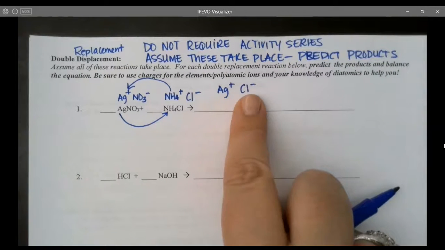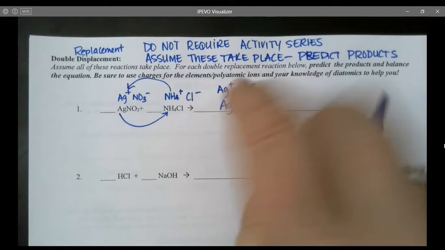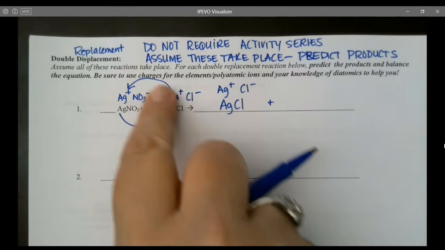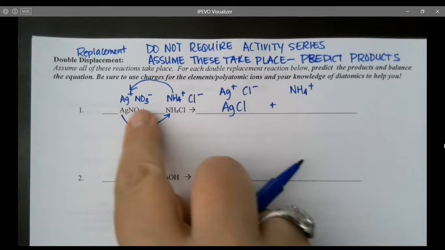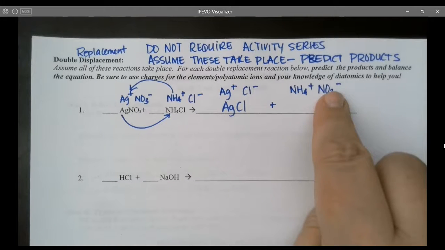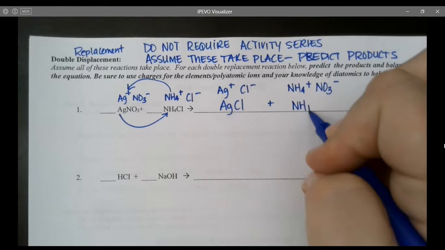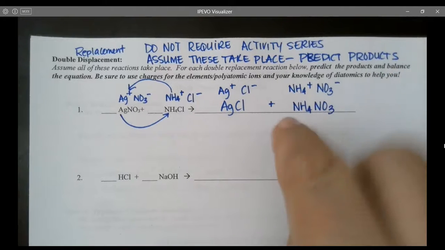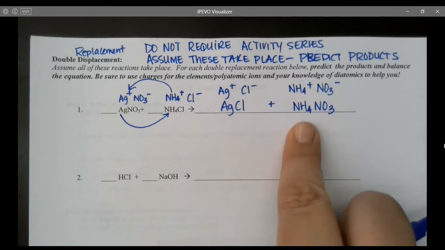So Ag +1 and Cl -1 is going to make AgCl. And then my NH4 came over here. It was a +1, and it's going to bond with NO3. That's a -1. And I've got a +1 and -1, NH4NO3.